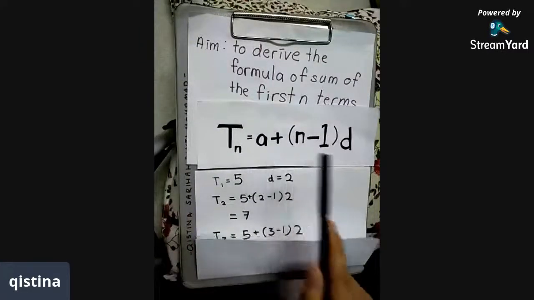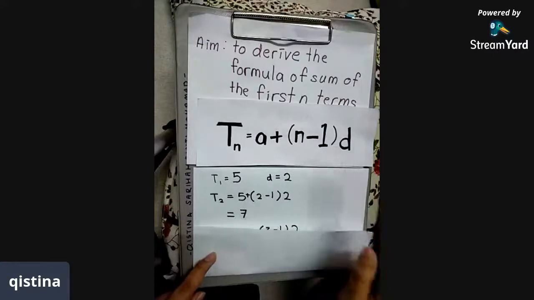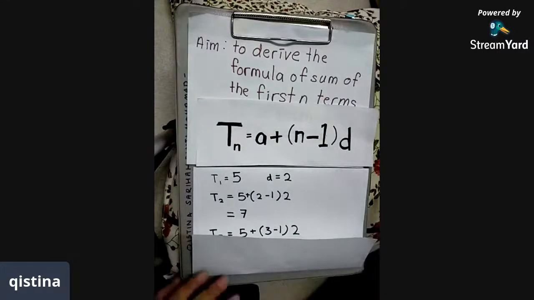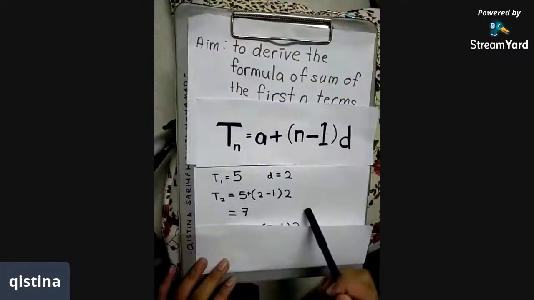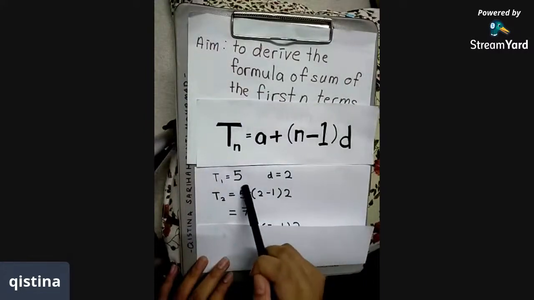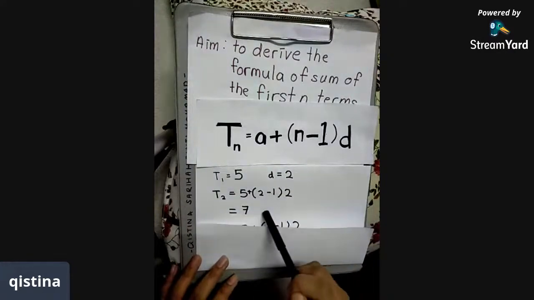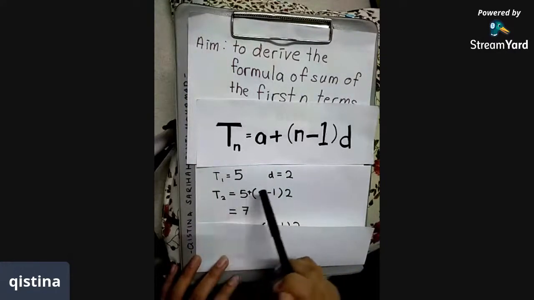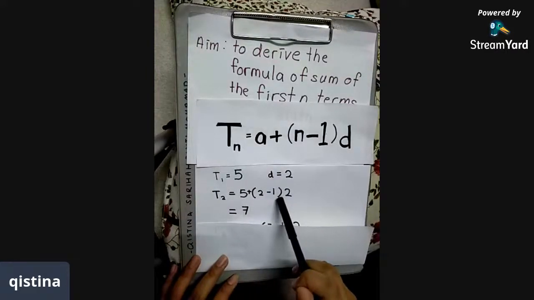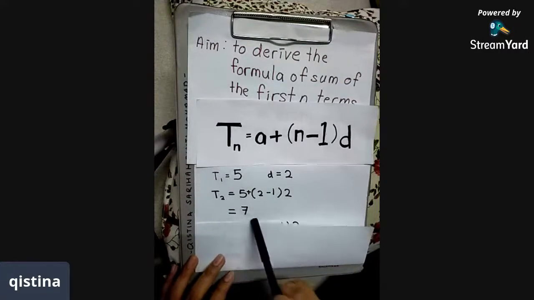Tn equals A, the first term, plus n, number of terms, minus 1, times D, the common difference. If we apply it in calculation, as given here, A equals 5, D equals 2. Just substitute the value: T2 equals A, which is 5, plus n, 2 minus 1, times common difference 2, equals 7.